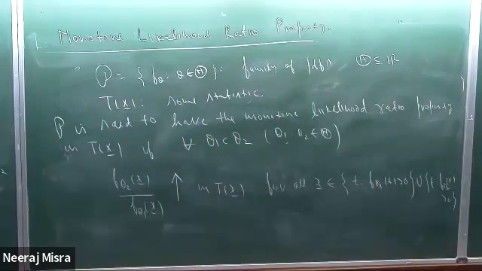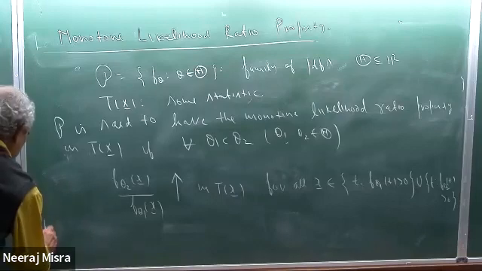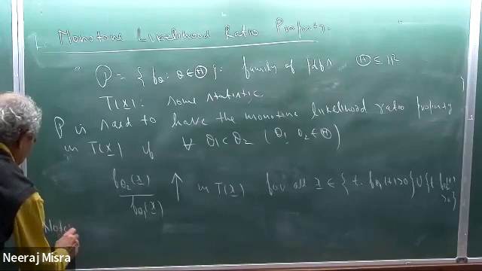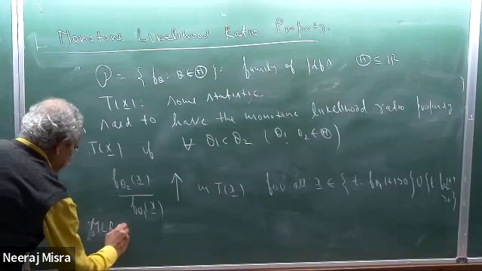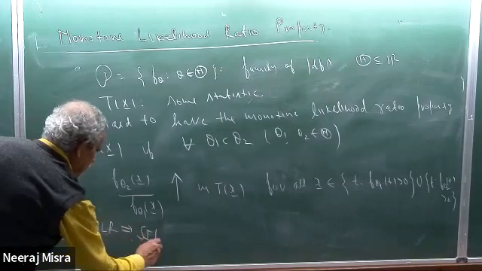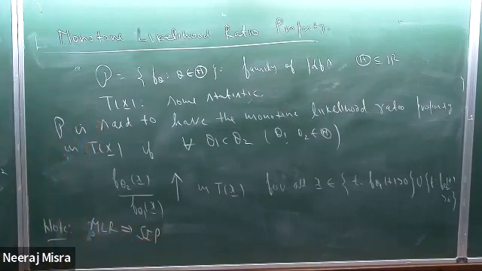Can you give me examples of distributions having the MLR property? But before that, let me prove a result. Certainly, MLR implies SIP. That if your statistic has the MLR property, it would be stochastically increasing. Let me not prove it over here.